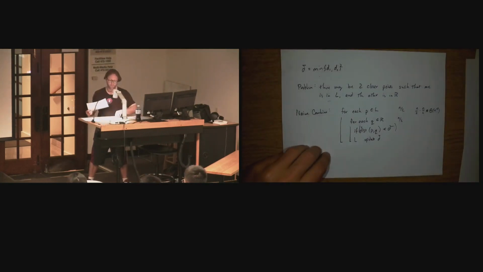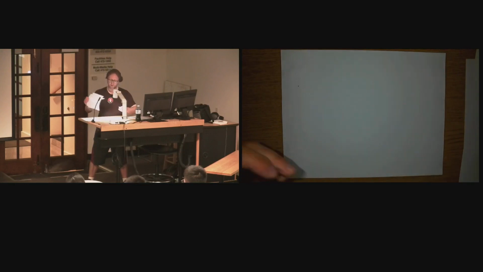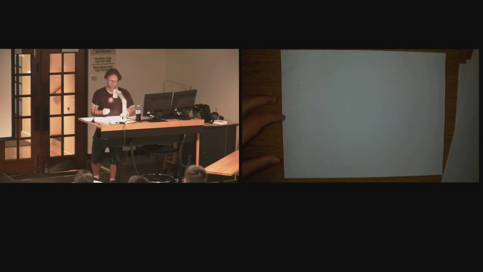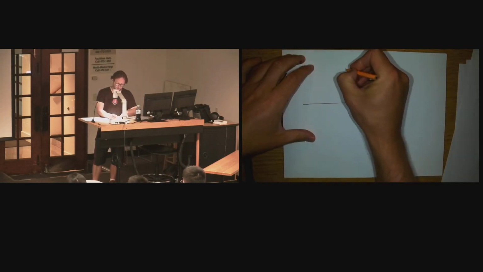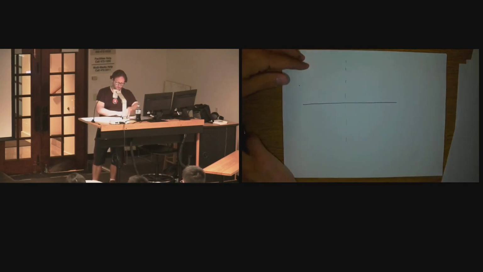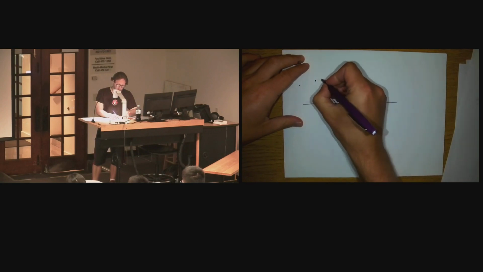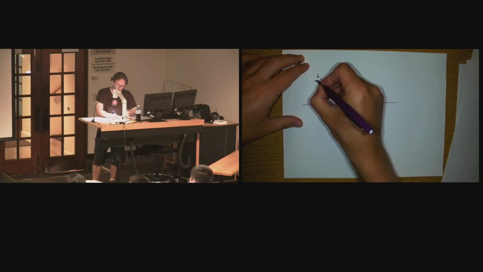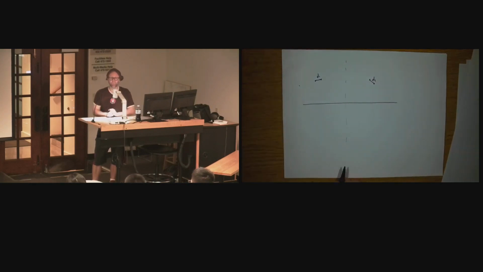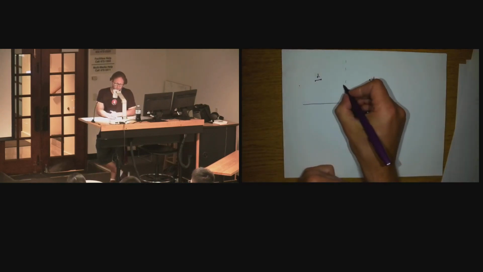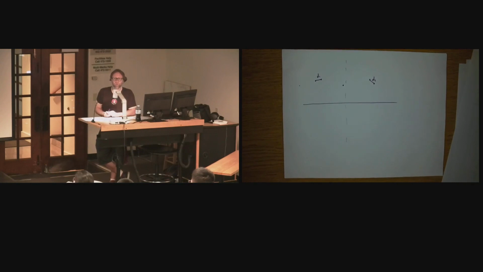So let's not be naive about this. Let's redraw this picture and think about this for a moment. And I will draw the partition with a different color. There we go. So forget all the points for a second, and let's just say that we've got D1 and we've got D2 over here. And now think about a point over here in the left partition.